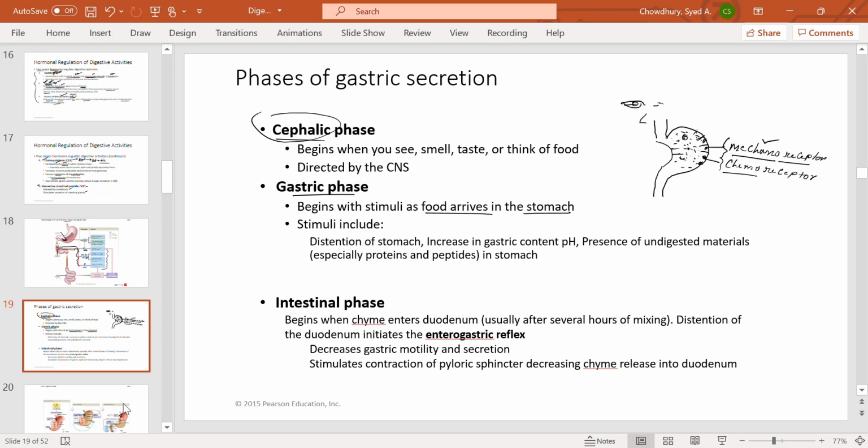And that would, you remember, there are two nerve plexuses. One is called submucosal nerve plexus and another is called myenteric. We talked about this myenteric nerve plexuses, right?